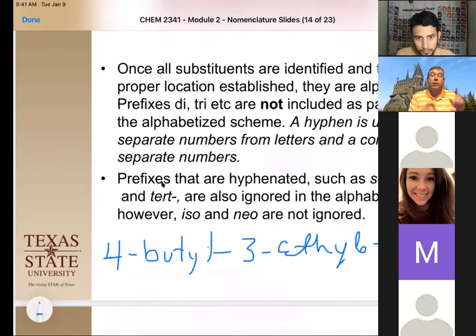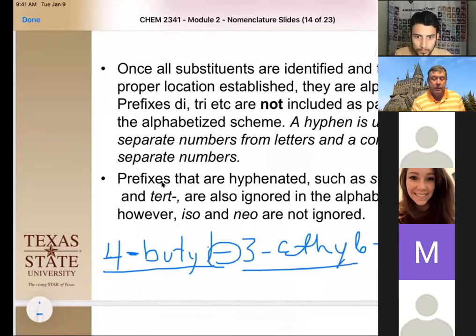The number with the hyphen is saying this substituent is on that 4-carbon. And then we have a different substituent, which is on the 3-carbon. We have another different substituent, and this substituent is on the 6-carbon.